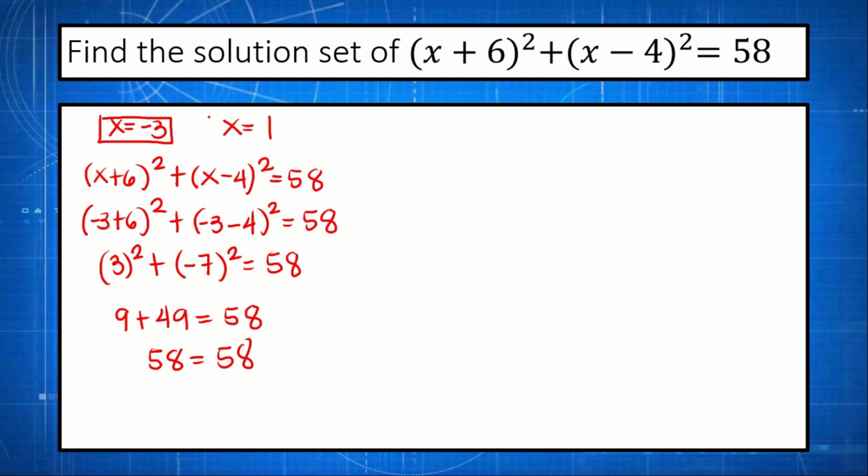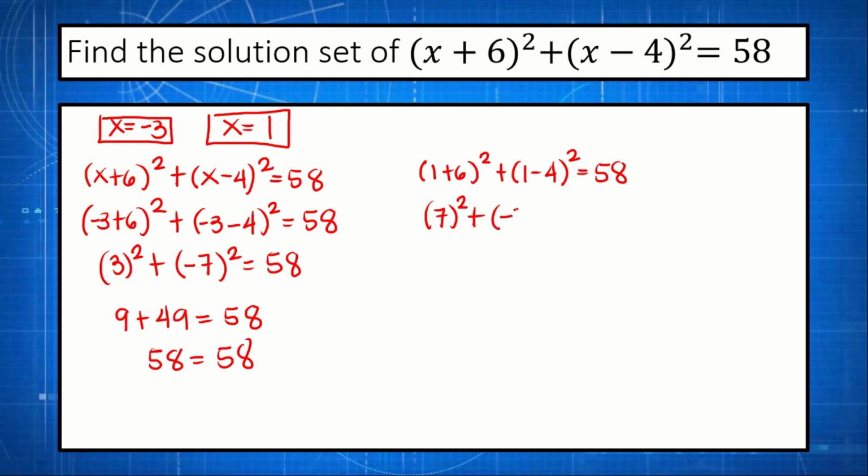Next, we'll apply x is equal to 1. So we have 1 plus 6 squared plus 1 minus 4 squared is equal to 58. So 1 plus 6, that is 7 squared, plus 1 minus 4, which is negative 3 raised to the second power is equal to 58.